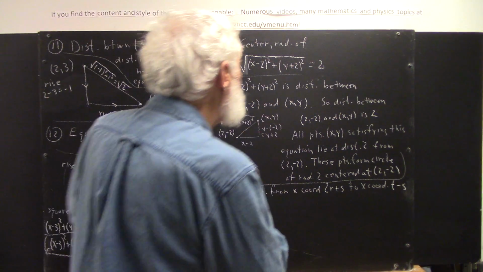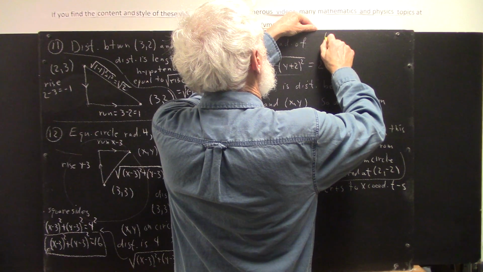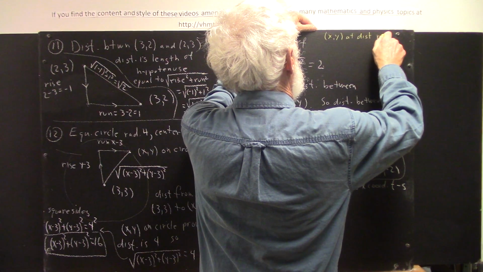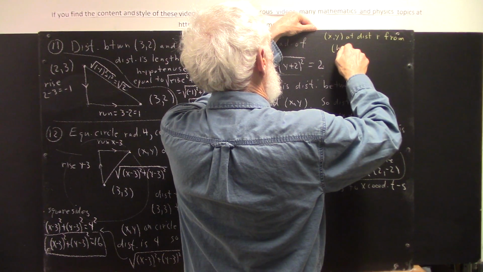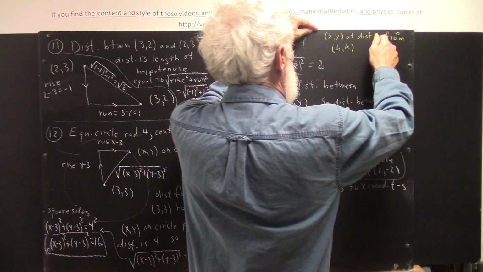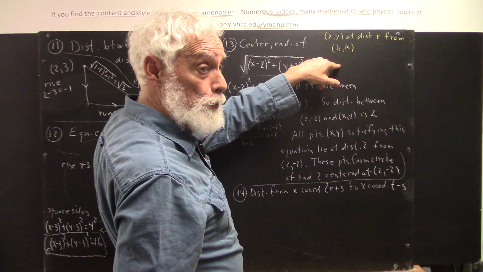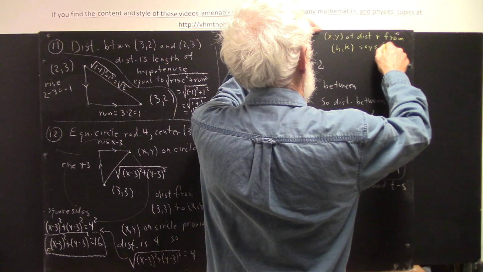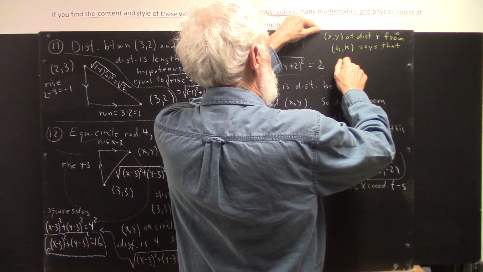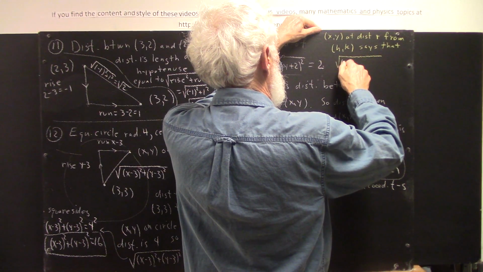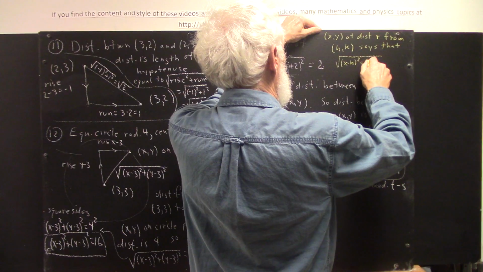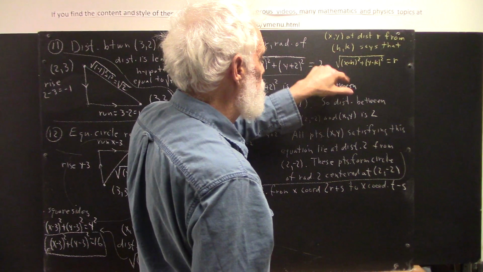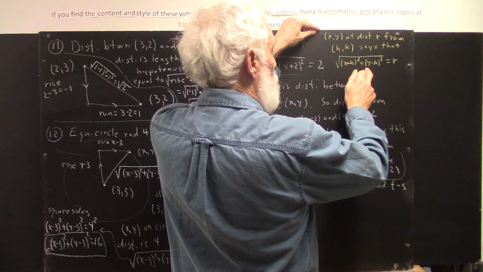Okay, so the set of points satisfying the condition that the point x, y lie at distance r from the point h, k says that the square root of x minus h squared plus y minus k squared equals r, since this expression is the expression for the distance between x, y and h, k.